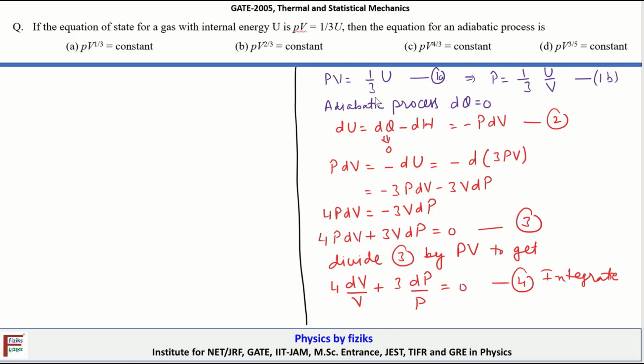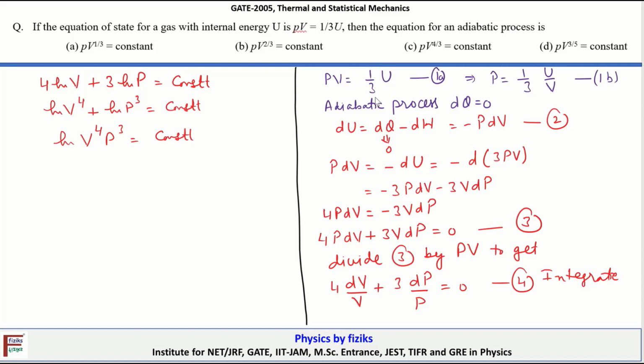Then from equation 4 we obtain 4 ln V plus 3 ln p equal to constant. So I can write ln V power 4 plus ln p power 3 equal to constant. Or this can be written as ln V power 4 p power 3 equal to constant.